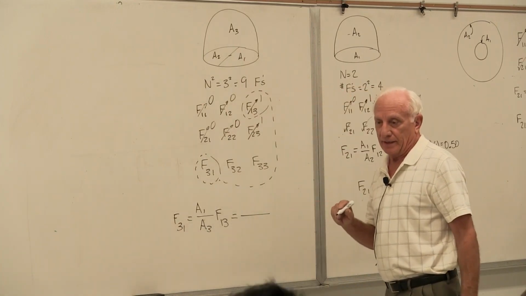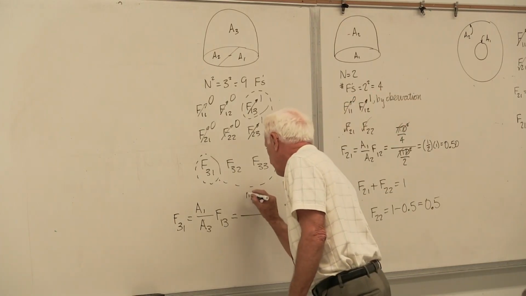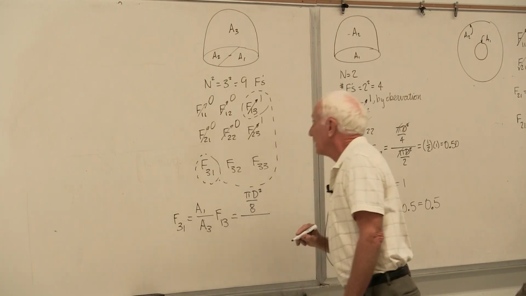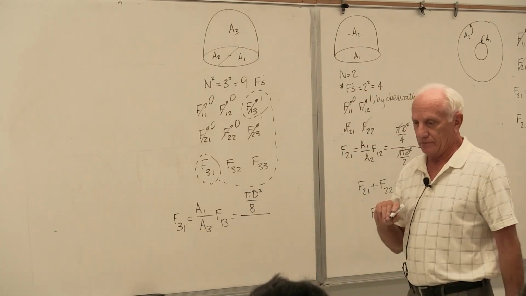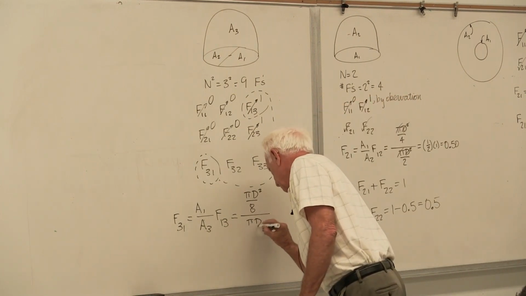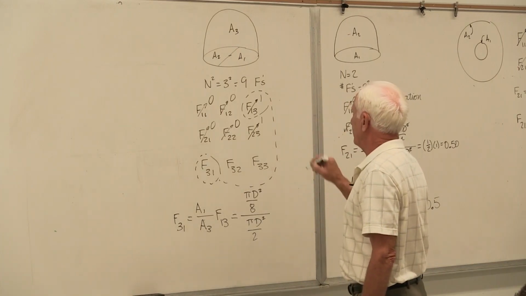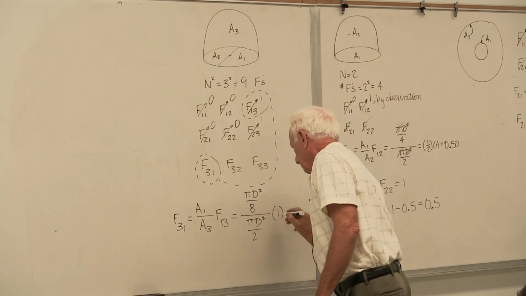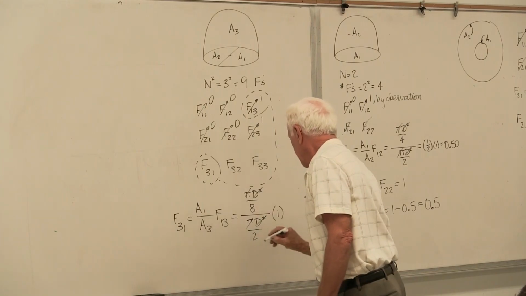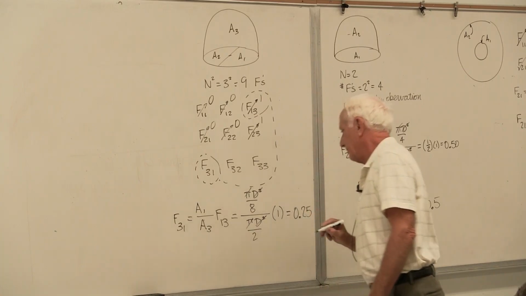A1, half of a circle, pi d squared divided by 4, so pi d squared divided by 8. A3, hemisphere, area of a sphere pi d squared, hemisphere, pi d squared divided by 2. F13, I found it, 1. Pi cancel. D squared cancel. 2 divided by 8. 0.25, yeah.